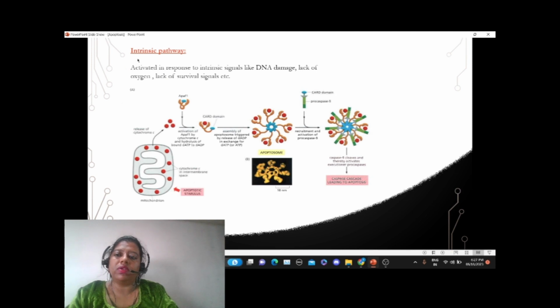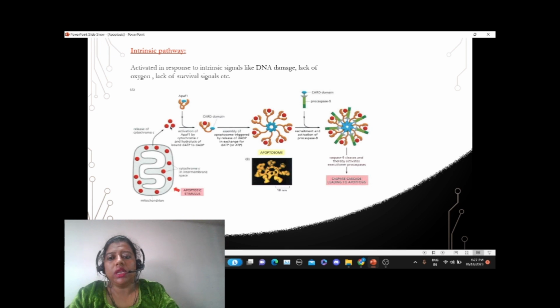Now we'll see the intrinsic pathway of apoptosis. The intrinsic pathway of apoptosis is activated in response to intrinsic signals, meaning when the cell is internally damaged. The intrinsic signals are like DNA damage, lack of oxygen, lack of survival signals, etc. So when the cell is damaged from inside, there is release of a protein known as cytochrome C, which is a water soluble protein.